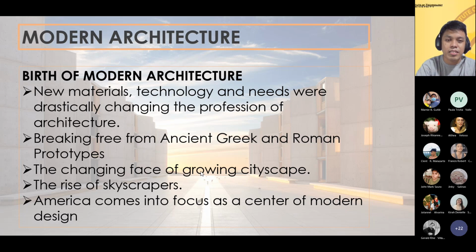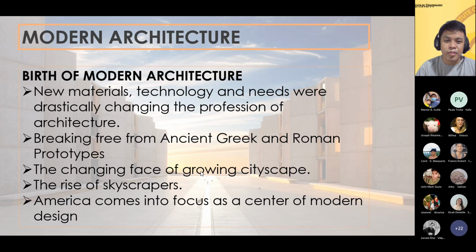So if you notice, during our previous discussions, most of the areas that we've discussed, from the early Christian, Romanesque, Byzantine, and then we have Gothic, Renaissance architecture. Most of these are really in that Europe area, because before that's the center of commerce, or in terms of development in the world. Mostly it happens within Europe area during that time.